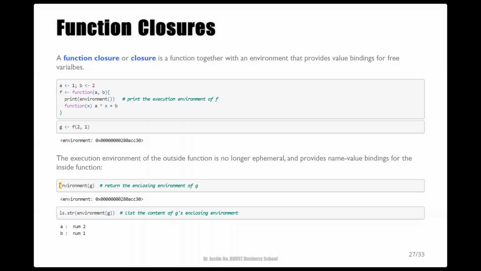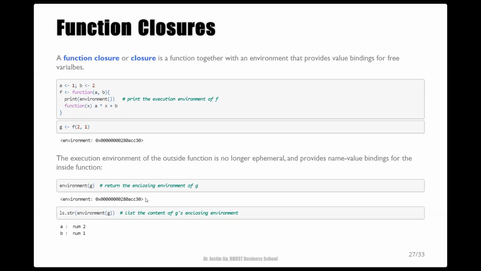Once we call the environment function to retrieve g's enclosing environment, you can find it is exactly the same as the execution environment initiated by this call. Now, it should be clearer to you that the execution environment is bound to the returned object and does not disappear after this call.